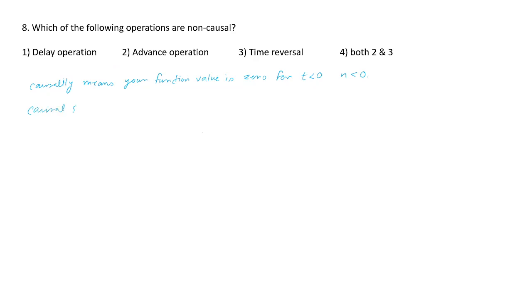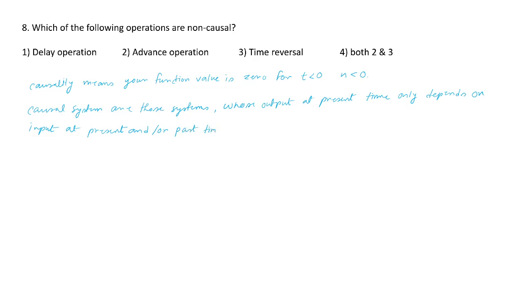Causal systems are those systems whose output at present time only depends on input at present and/or past time instants. This is causal.